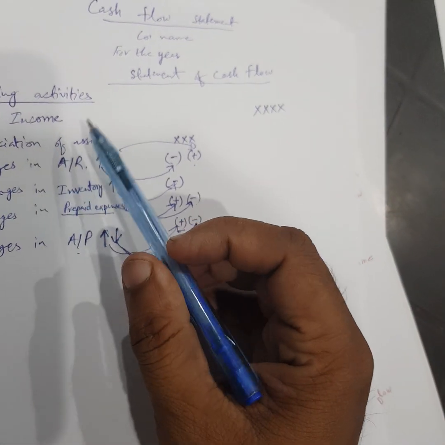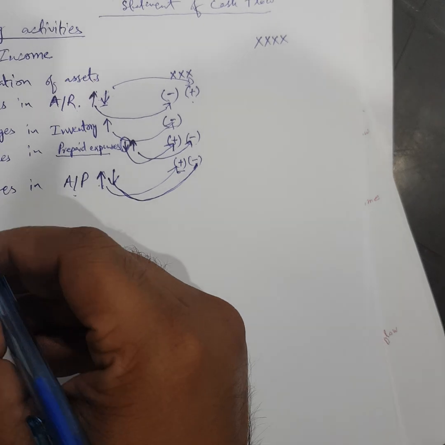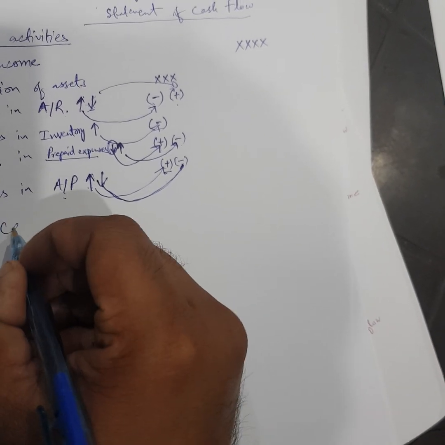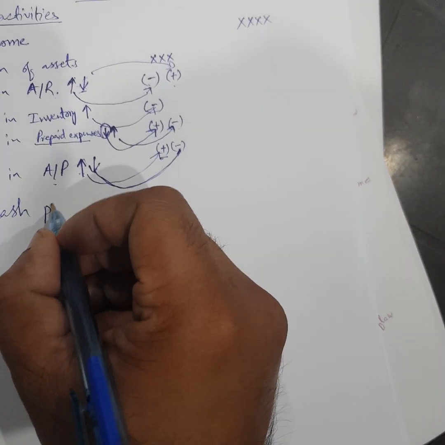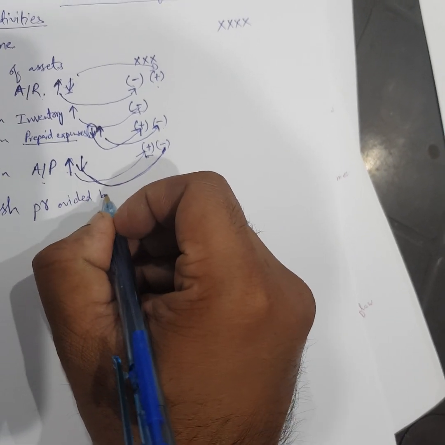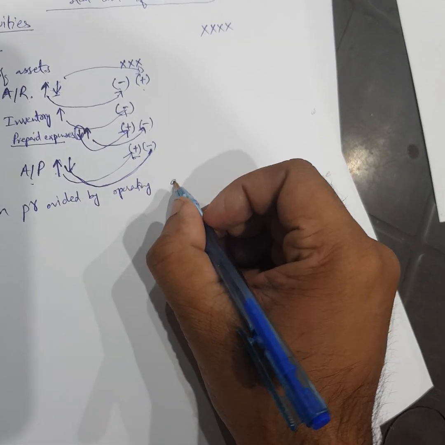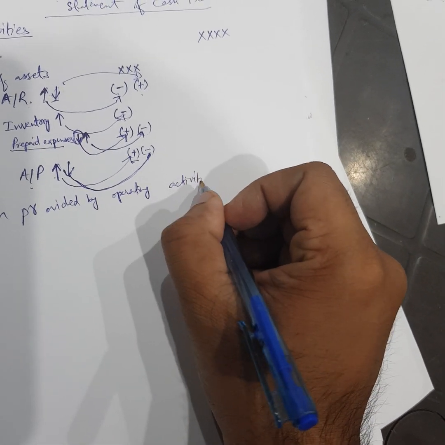After adding up these terms, we will be able to get net cash provided by operating activities. How?